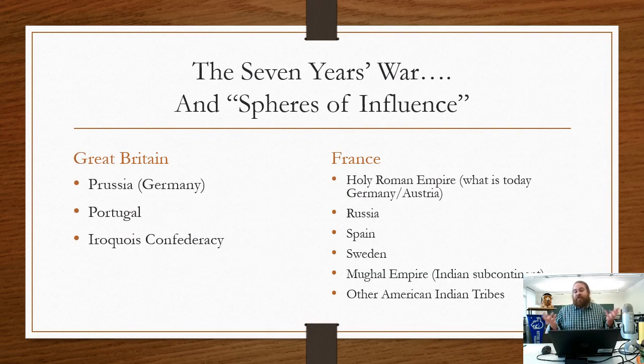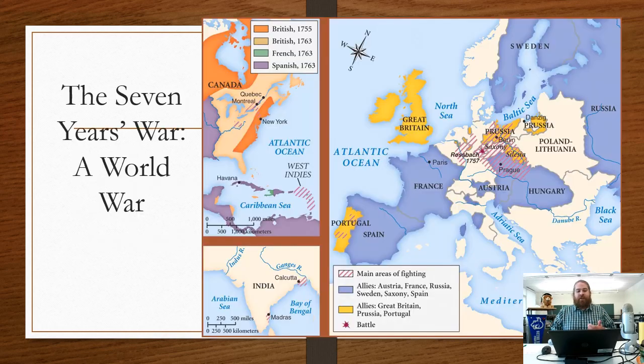The Seven Years' War is going to spill over all over the world, and it's going to pit some pretty big alliances. Great Britain, this time, ironically, is going to be allied with the Iroquois Confederacy, a native confederacy who the colonists will eventually fight in a couple of wars when they become the United States. So the world really splits into two camps and they fight each other.